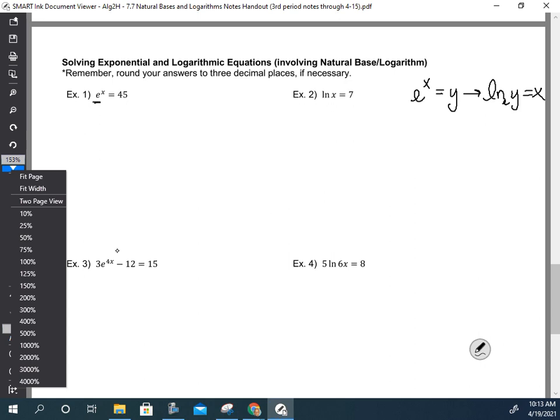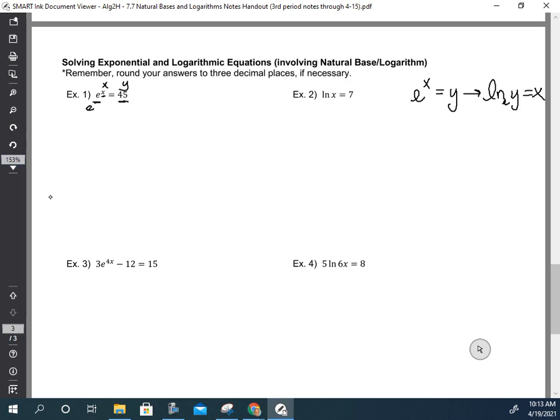That doesn't change anything. x is your exponent. 45 is your y component. So you have your e, you have your x, you have your y. If we do the rewrite, that gives you natural log of 45 equals x.